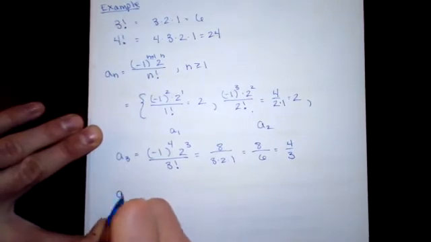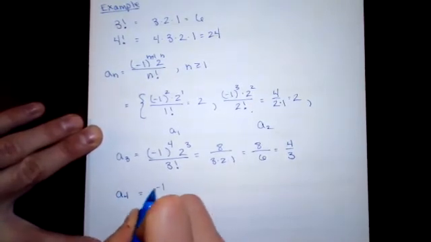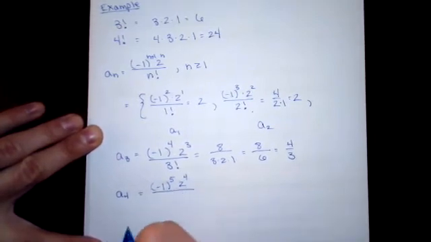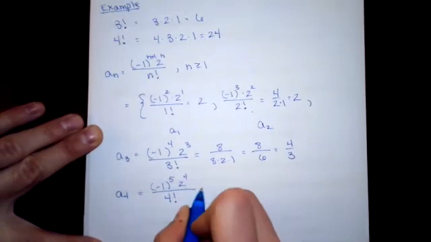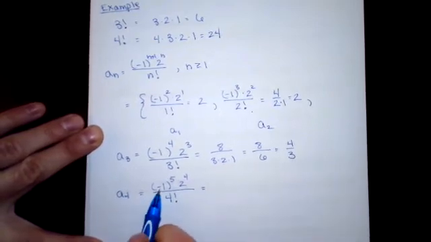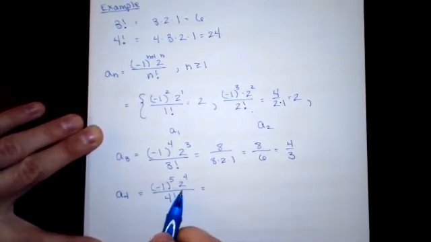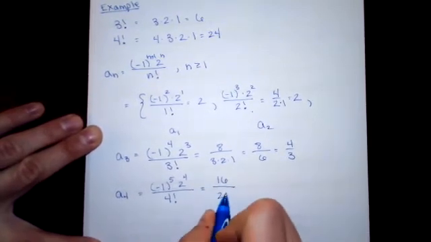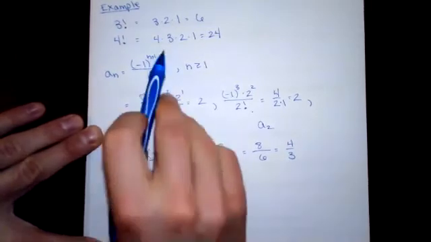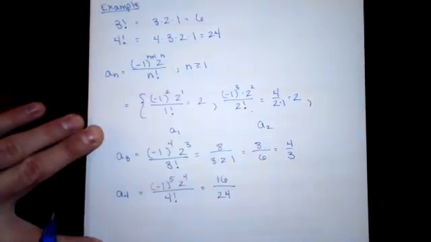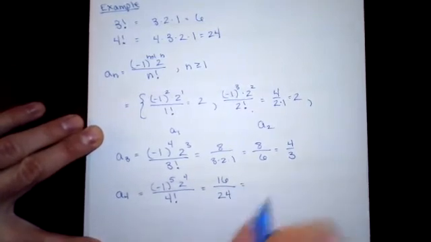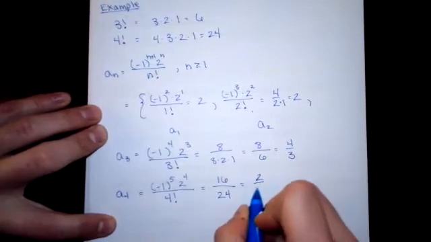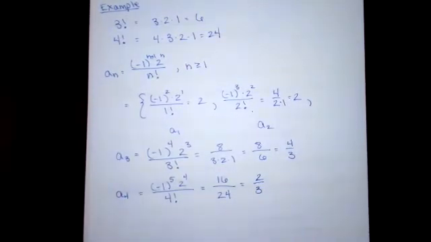And let's do one more. Let's find a_4. We'll have negative 1 to the 5, 2 to the 4th over 4 factorial. Again, that one will be negative. 2 to the 4th is 16 over 24, since 4 factorial is 4 times 3 times 2 times 1, 24. How does that simplify? Divide by 8, and it looks like we get 2/3 when we factor that out.